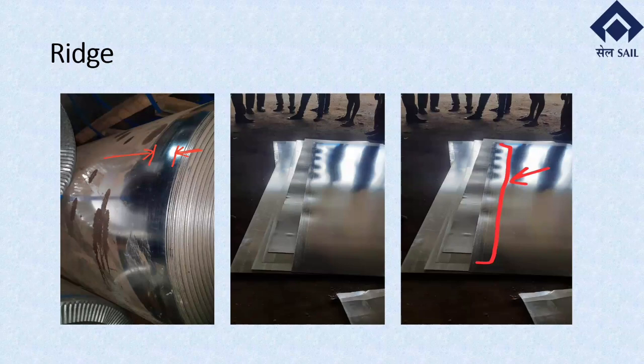Also, in the coil, when you encounter such a coil, you can see there is a bulge kind of thing in the side of the coil.